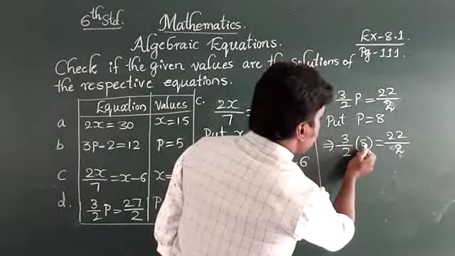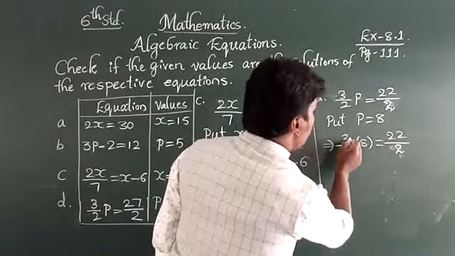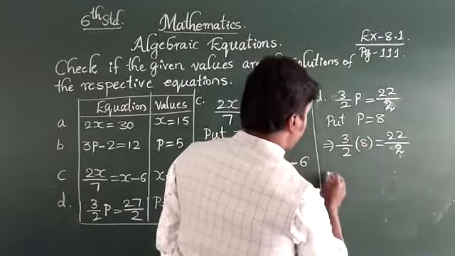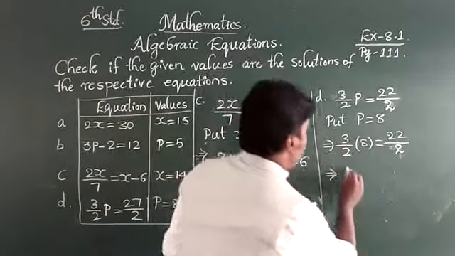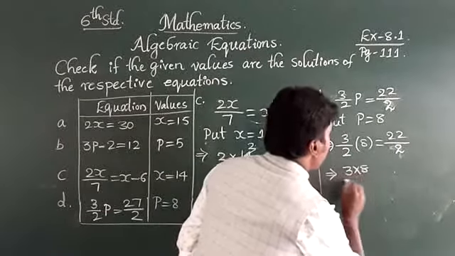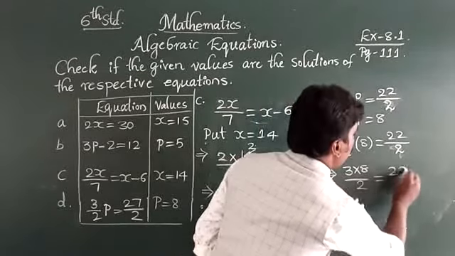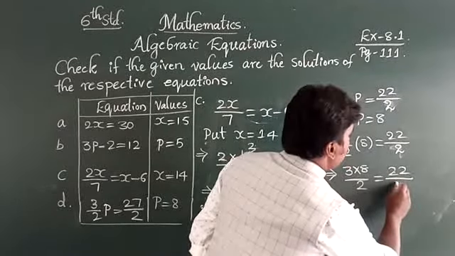So dear students, this 8 has to multiply with 3. 3 into 8 by 2 is equal to 22 by 2.